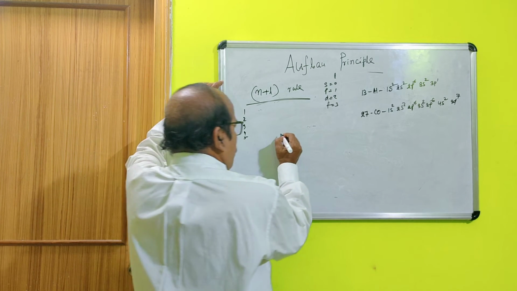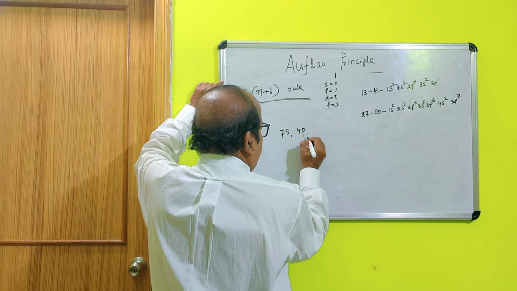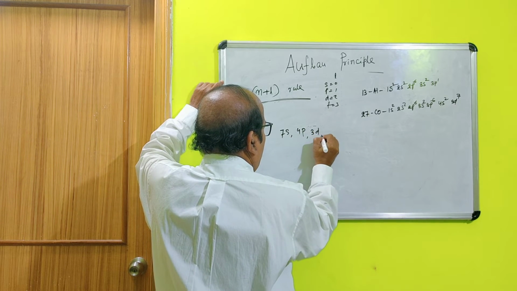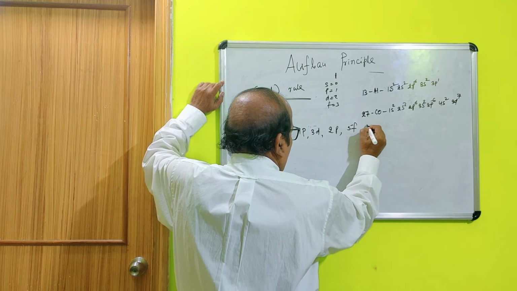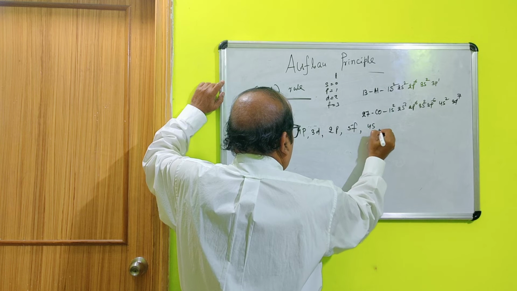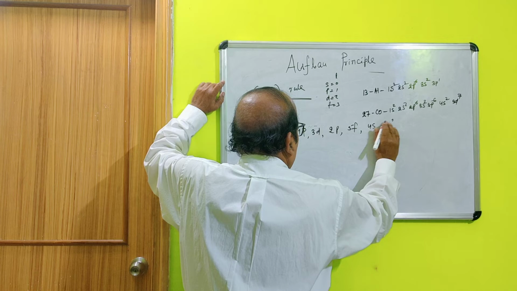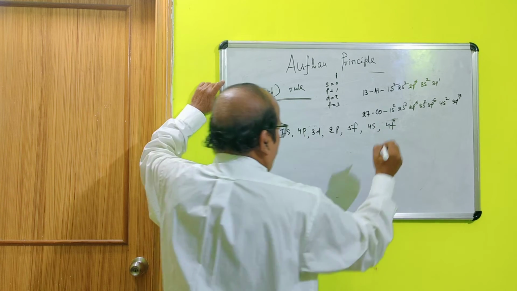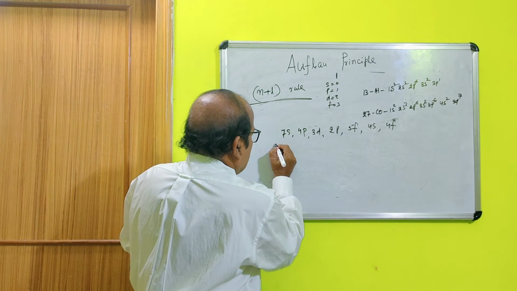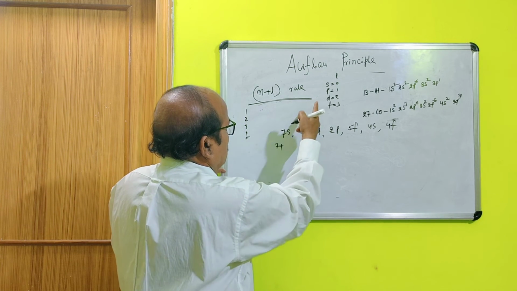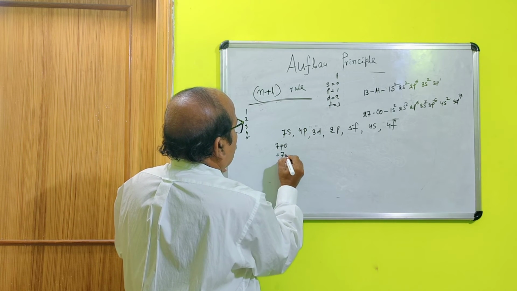Let us arrange. Suppose 7s, 4p, 3d, 2p, 5f, 4s, 4f, like that. Let us arrange where the electrons will go. For 7s, 7 plus s value is 0 equal to 7.